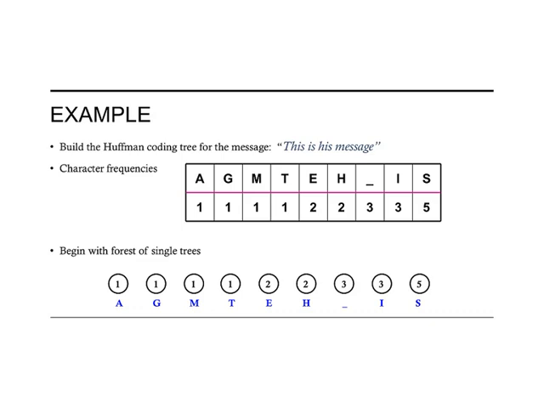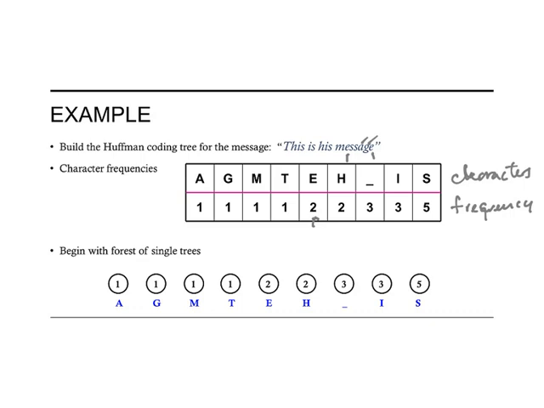What you see in this table is the characters and the corresponding frequencies, how many times they appear. The A appears only once, the G appears only once, and the E is here and is there, so that is why we have the 2, and so on.